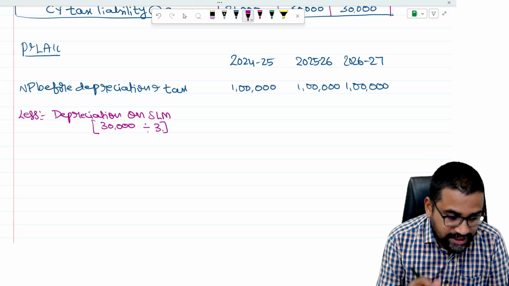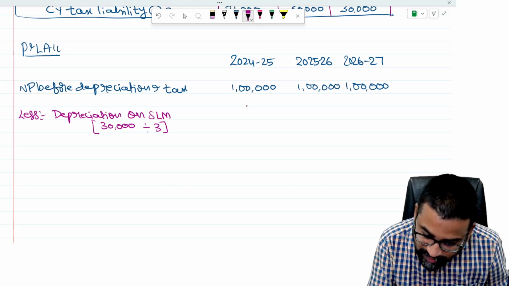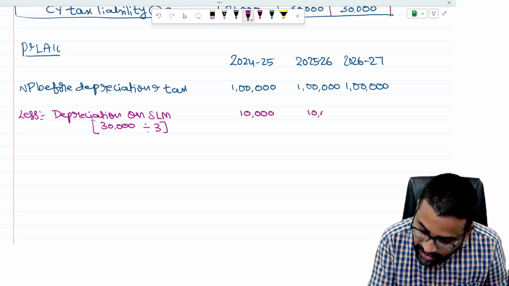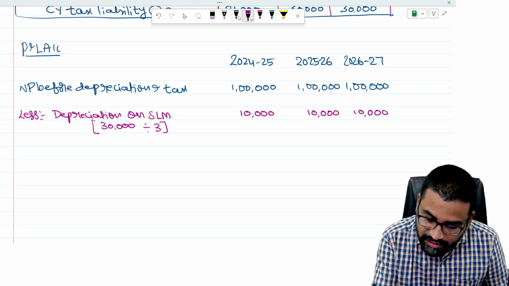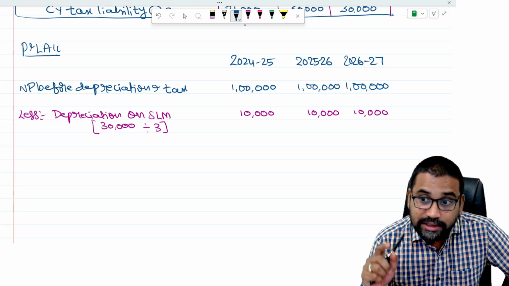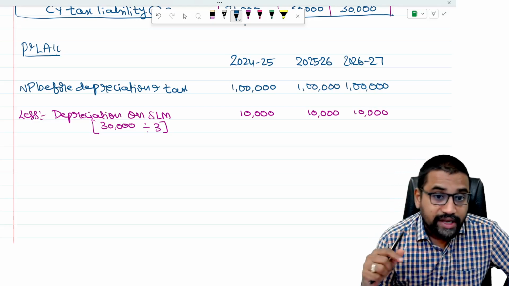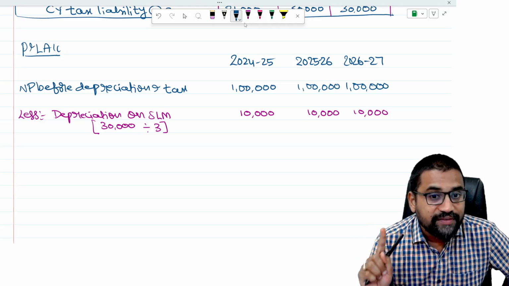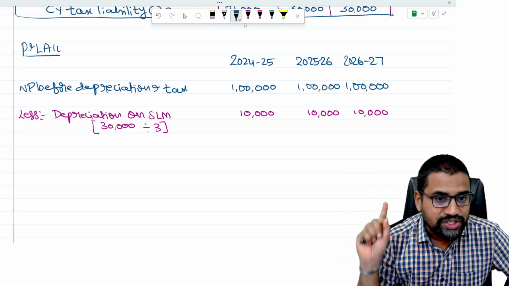Now imagine this 3 years life. So you tell me, what will be my depreciation for the first year? 10,000. Second year 10,000. Third year 10,000. So understand, the same asset you purchased: under the Income Tax Act, 100% deduction because of scientific research, section 35, because of the provisions of the Income Tax Act.